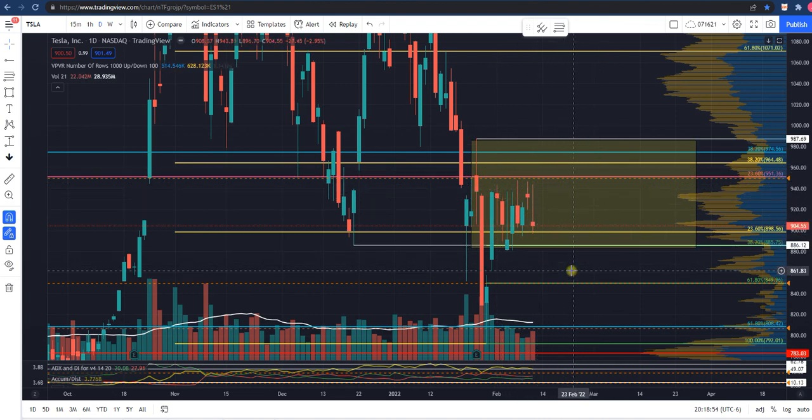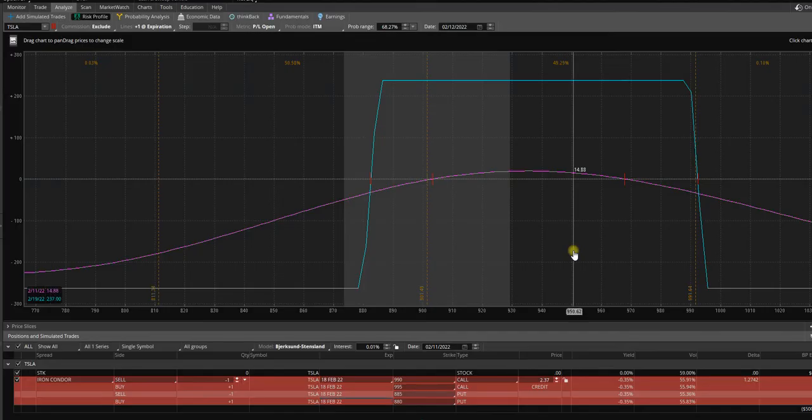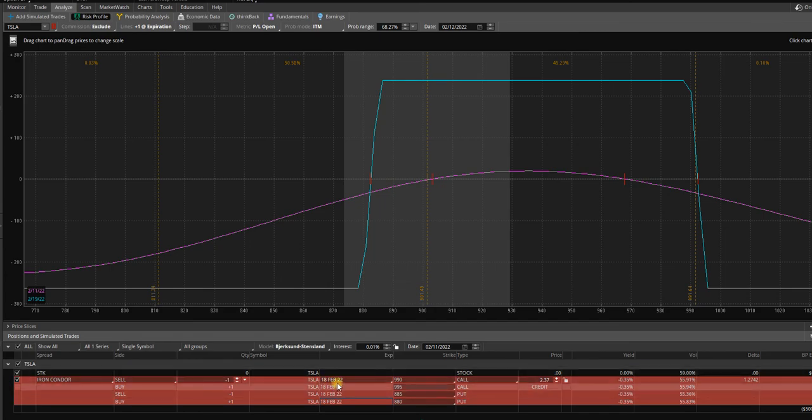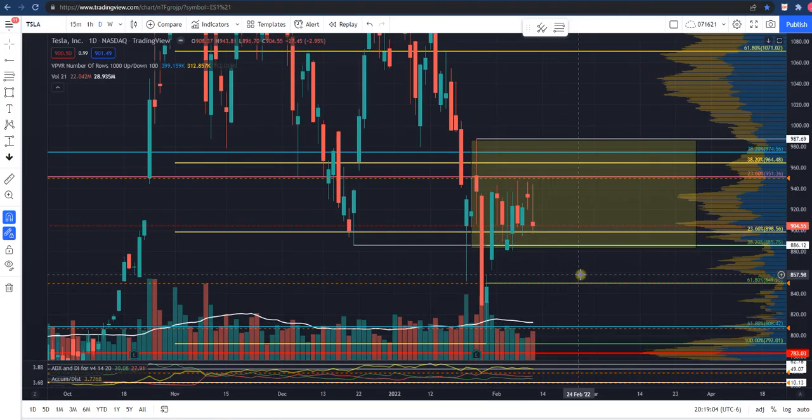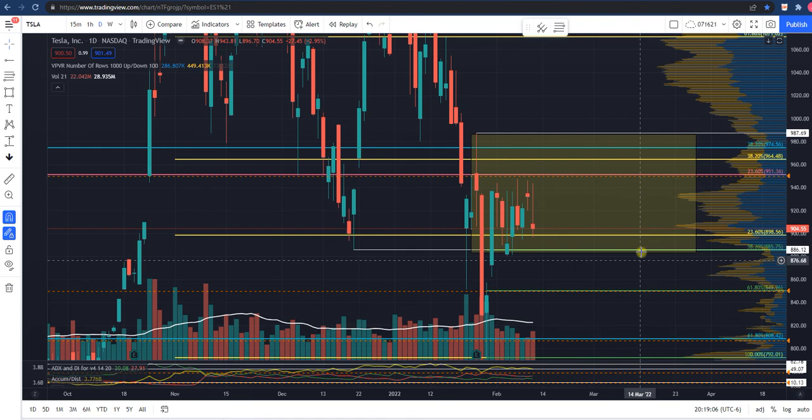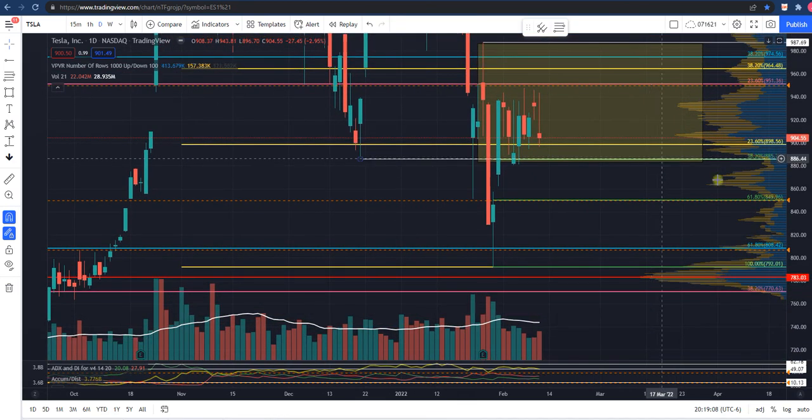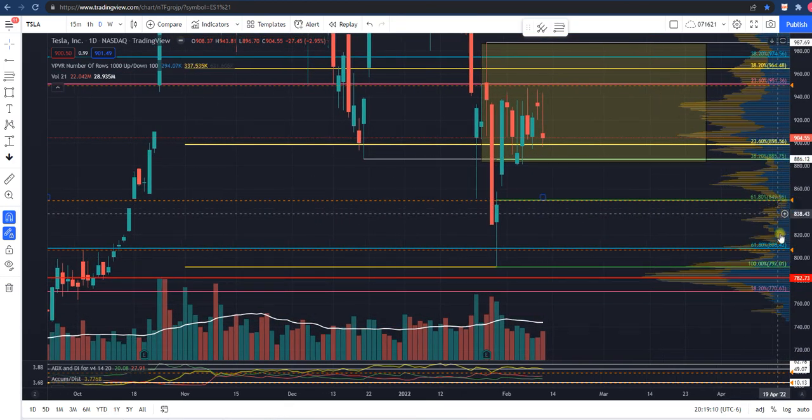But it needs to be a longer dated trade than the iron condor you put on. So, for example, if we put on the iron condor for 18 Feb, we may consider something like a 850, 808 on Tesla as a bear put for that breakdown.